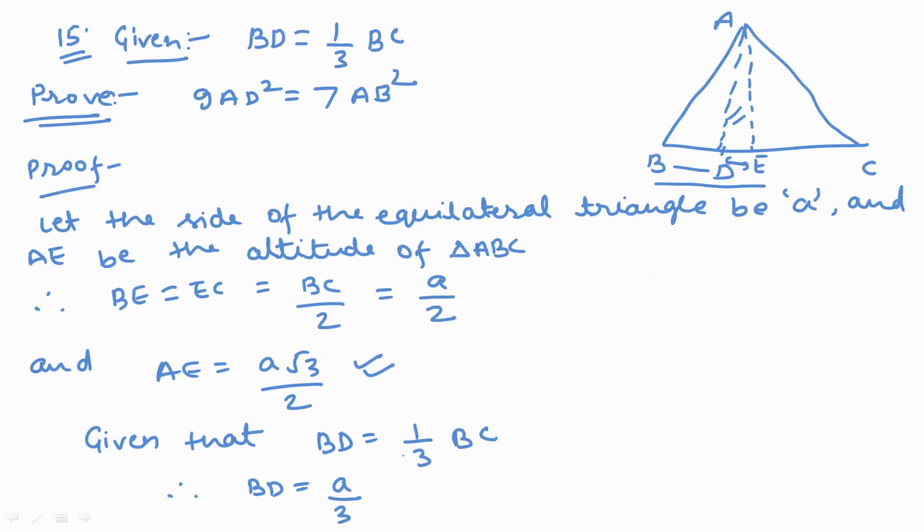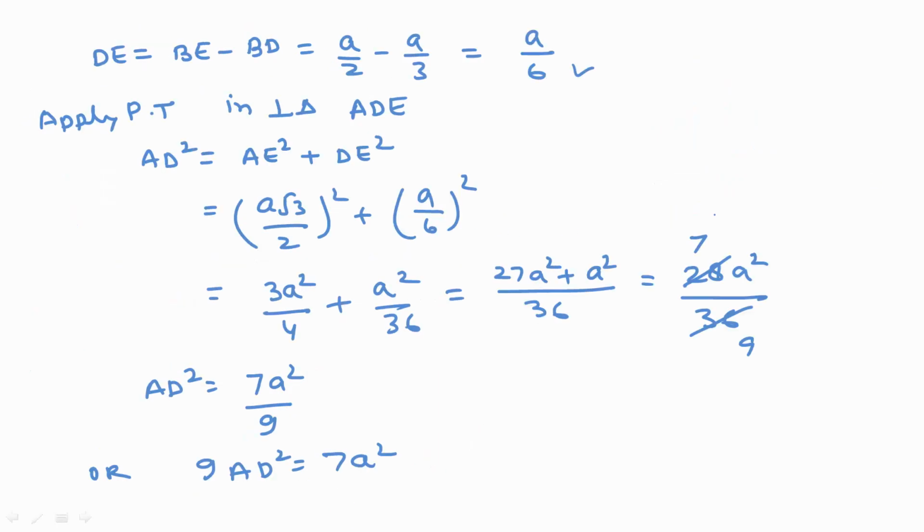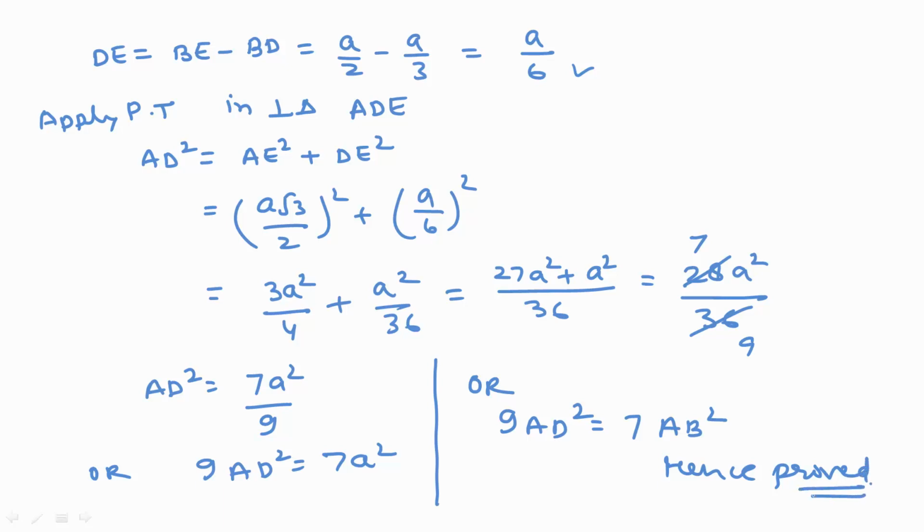We can write the value of A as AB, because triangle ABC is an equilateral triangle and we let the side of the equilateral triangle be A. So 9AD square is equal to 7AB square, and hence proved.